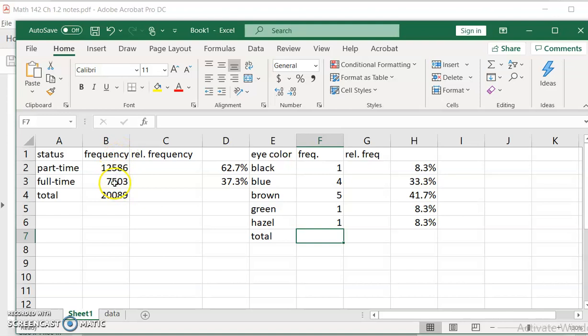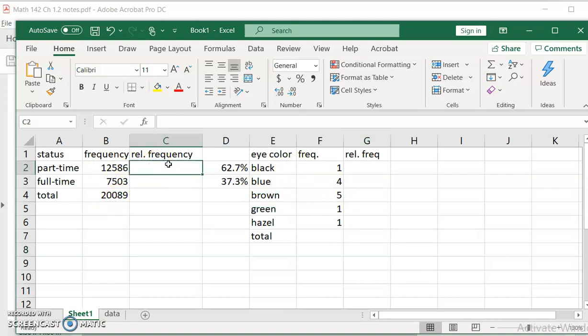That means count, the total number. For eye color, say just a group of 12 students, I have the number of black, blue, and brown, so I just count them. So this is one way of summarizing it.